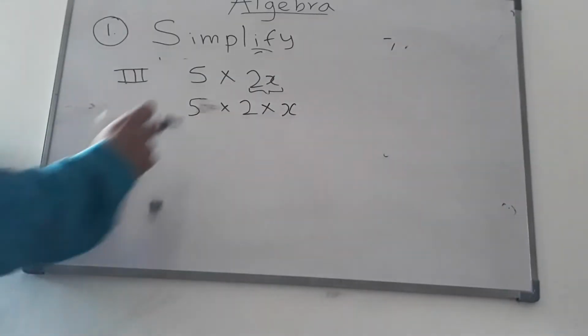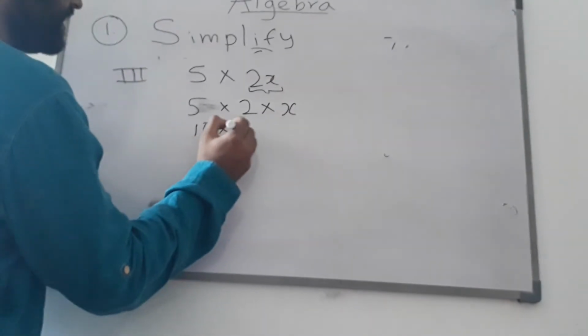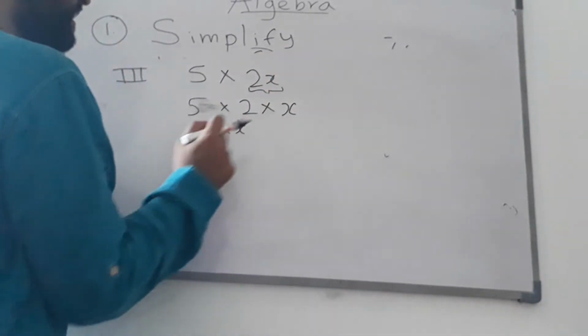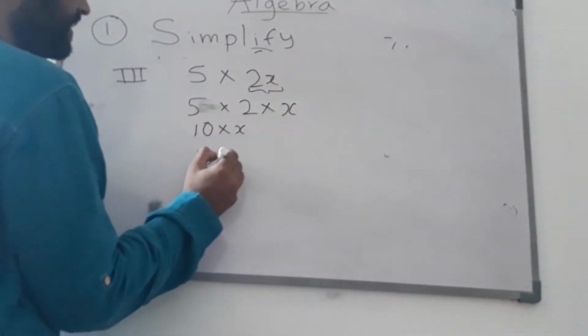Now we can multiply the numbers 5 and 2 together. 5 times 2 is 10. So it is 10 times x. Now like 2 times x is 2x, we can write 10 times x as 10x.